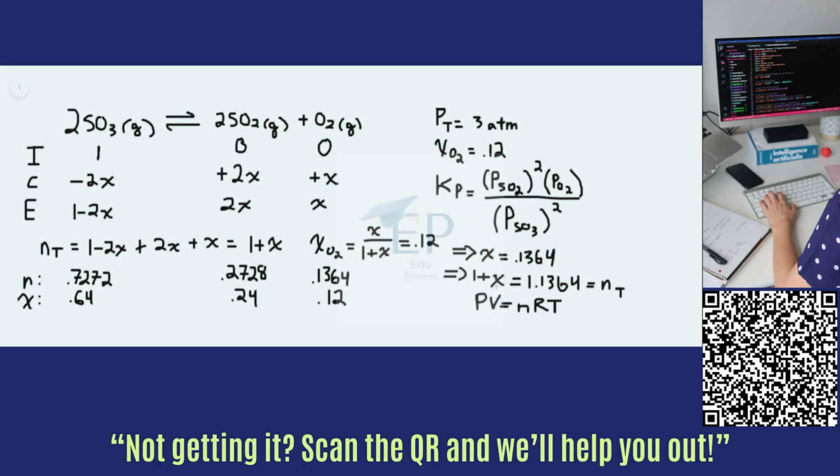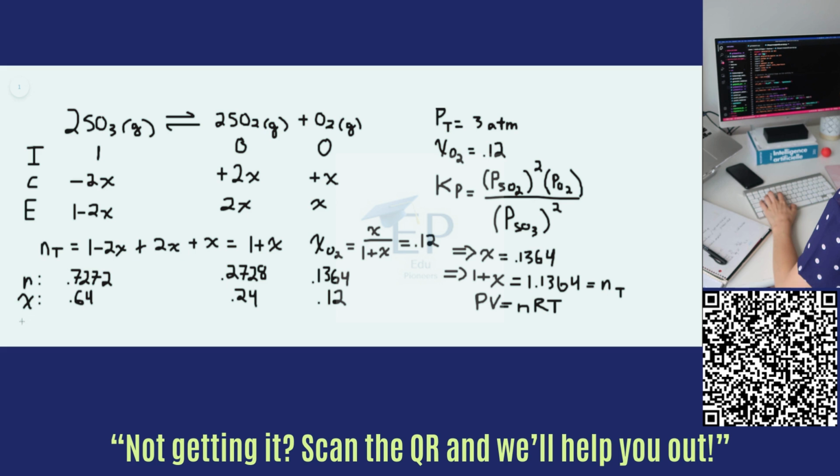I could probably calculate it with some work, but what's easier is there's direct proportionality between pressure and number of moles. So if I take the mole fraction, I can also take the fraction of the total pressure for each of these gases. So if the mole fraction is 0.64, or 64% of all of the moles of gas at equilibrium are SO3, then 64% of the total pressure comes from SO3.